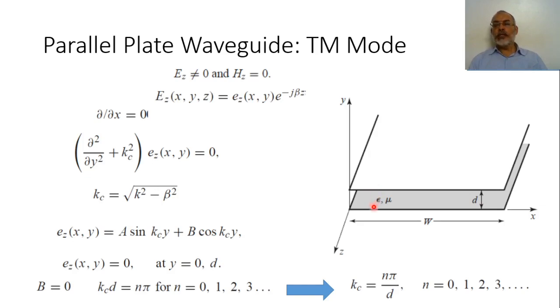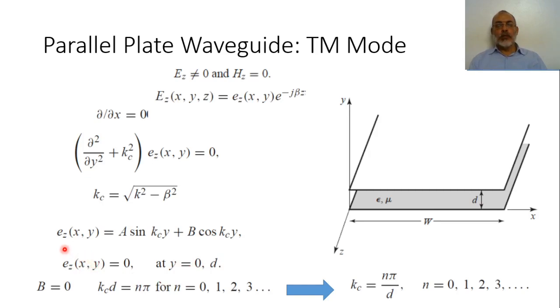So we can say that Ez at y equals 0 should be 0, and Ez at y equal d should be 0 too.